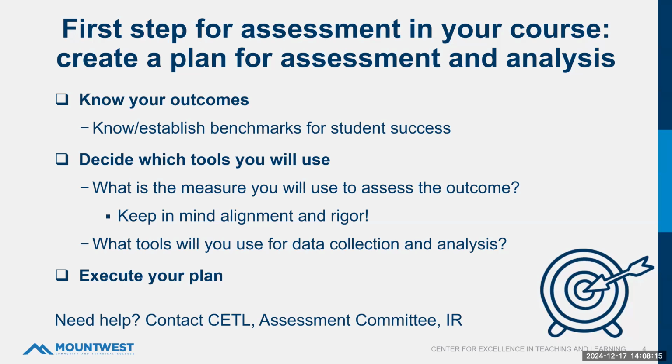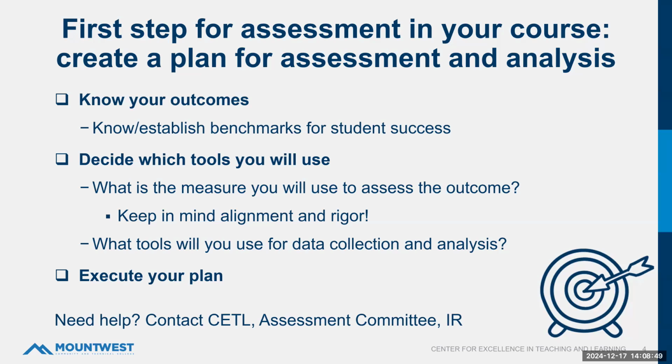If you don't have an accrediting body or some other external factor that's determining what your benchmark for student success is, you'll have to establish that. For myself, I always used 70%. Whatever exam or assignment I'm using, if it's 70% or above, that is passing, and that's what my students need to get into their next courses. But depending on your department and your accreditors, that might already be established.